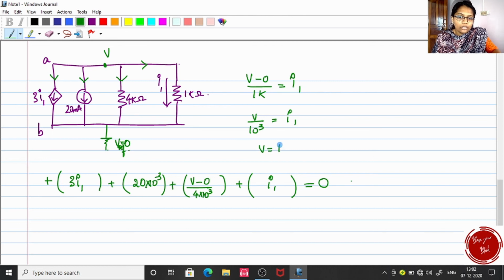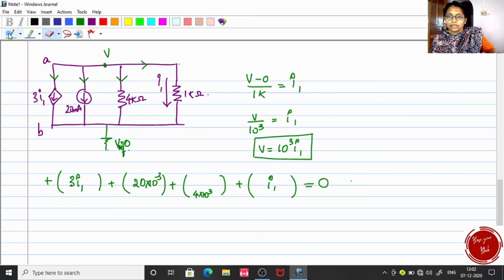V is equal to 10 raised to 3 I1. So let's substitute 10 raised to 3 I1 over here. Solving, 10 raised to 3 and 10 raised to 3 cut off, and 3 I1 plus I1 is 4 I1.